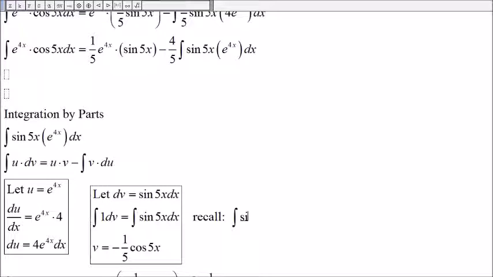If we just have the integral of sine of x dx, then this will be negative cosine of x. But here we have sine of 5x, so we can use the u substitution method and let u be 5x, and then we end up with negative 1/5 times cosine of 5x.